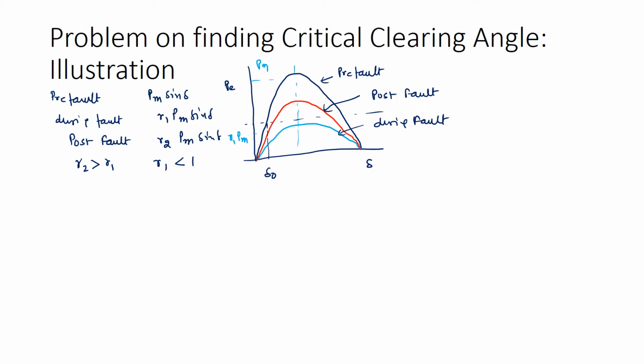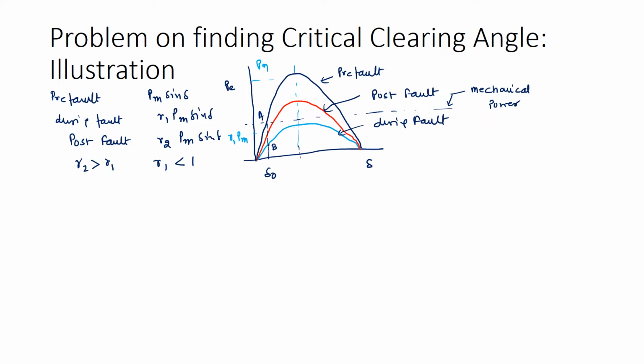If a fault occurs at this point, then the operating point shifts to the second curve, let me say point B. Now, at point B there is a sufficient difference between the mechanical power, which I draw here, and the electrical output.